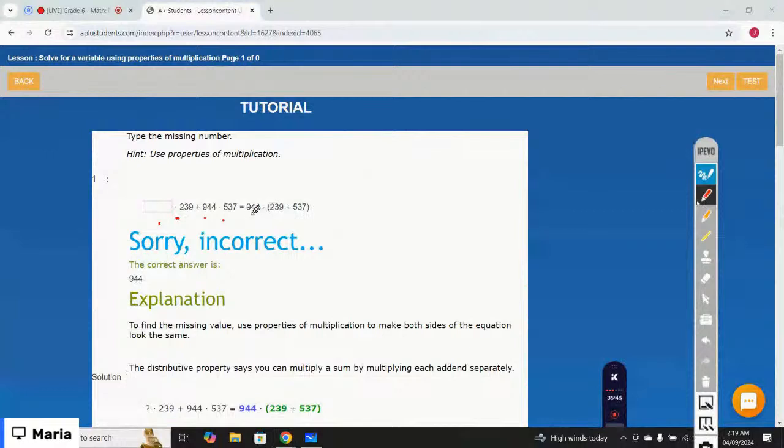Here you are given 944 times 239 plus 537. So you have to do 944 times 239, then the addition sign, then 944 times 537.